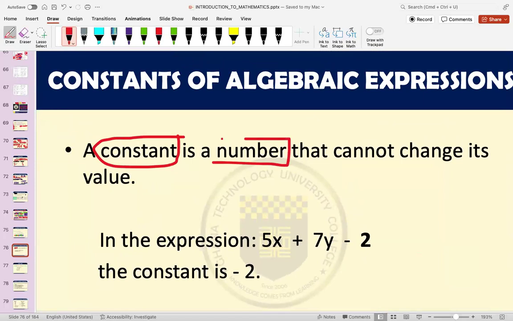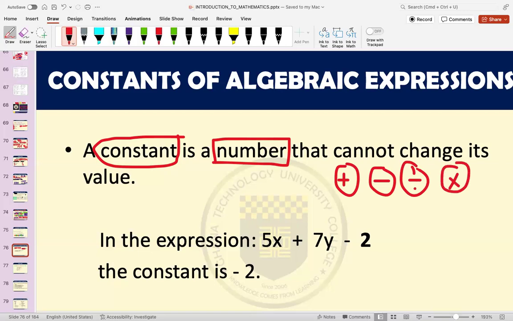It's not an alphabet. Anytime you see a constant, the sign, the operational sign, whether it is positive or negative or division or multiplication, the sign follows the constant.